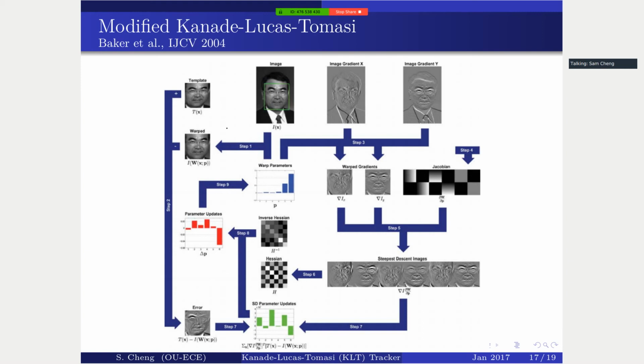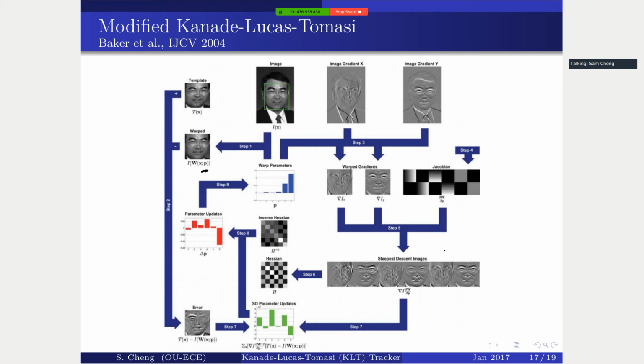and then here I need to do some warping of that image. This one I need to do multiple times because it depends on P here. But this one here, I do the gradient for this guy. Actually, I only do it once, I think. And the Jacobian also only once.